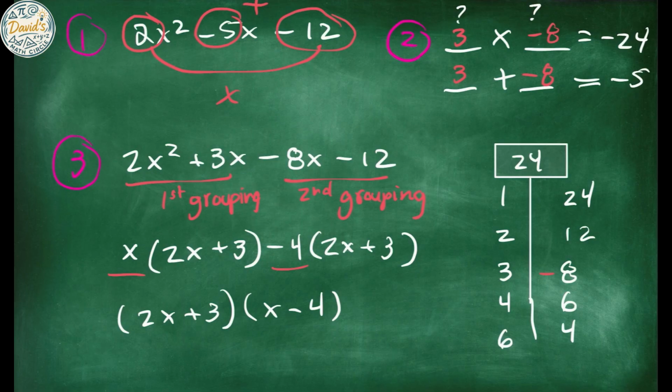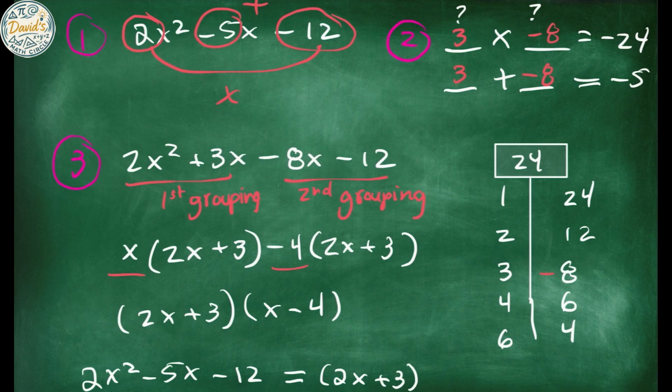We just found the factoring of the trinomial 2x squared minus 5x minus 12. The factoring of 2x squared minus 5x minus 12 is 2x plus 3 times x minus 4. And that was what I was looking for.